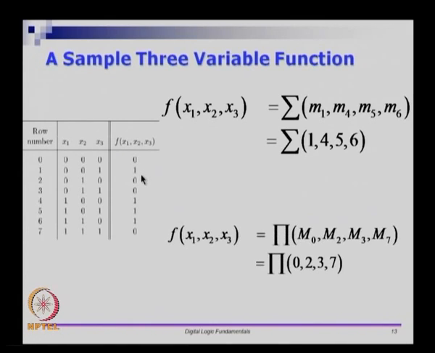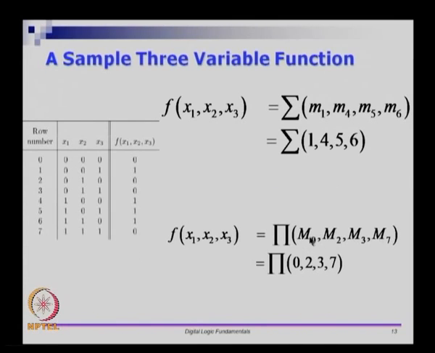Similarly, if I want to write this in POS form, the canonical product of sums, what I do is you collect all the zeros. The zeros are in row number 0, row number 2, row number 3 and row number 7.